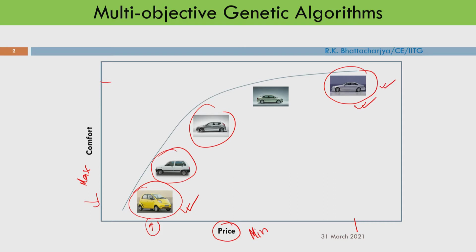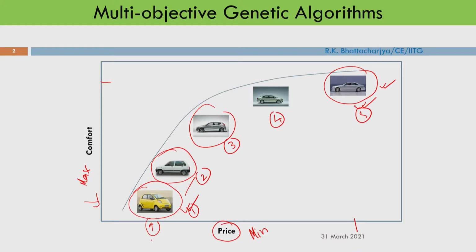Now, let us compare two solutions here. Suppose this is solution 1, this is solution 2, this is solution 3, this is 4 and this is solution 5. If I compare solution 1 and 2, can I say that solution 1 is better than solution 2, or that solution 2 is better than solution 1?